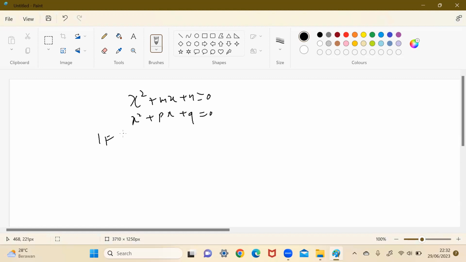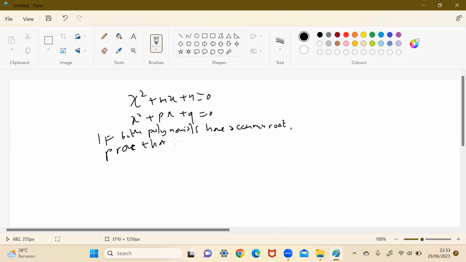Now, if both polynomials have a common root, we want to prove that the following relationship holds.